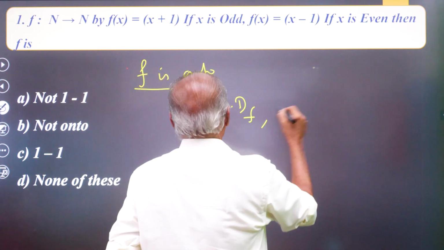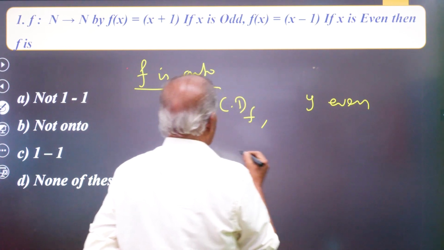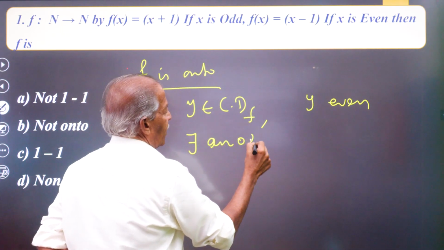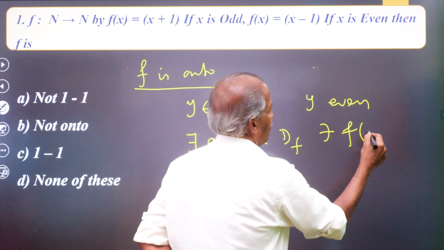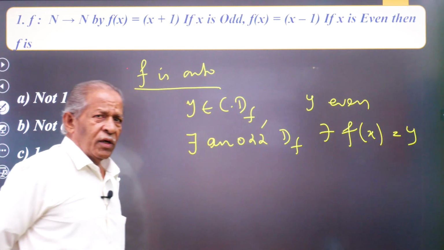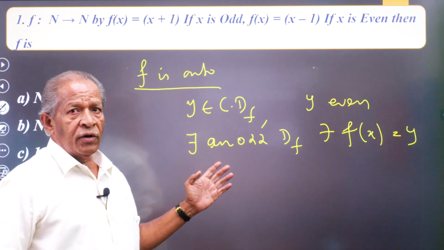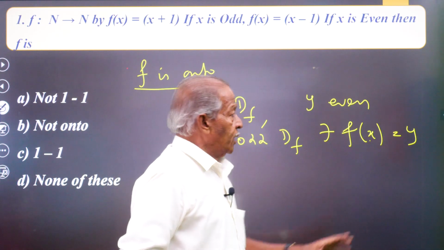Then there exists x, an odd number in the domain of the function, such that f of x equal to the even number y. For whatever even number in the codomain, we can find an odd number such that f of x equals y.